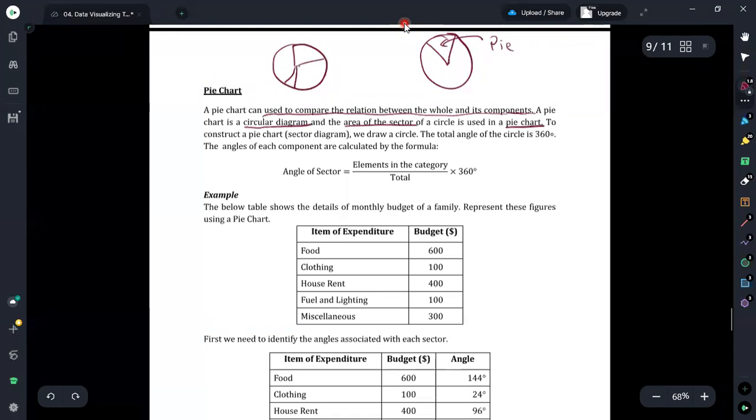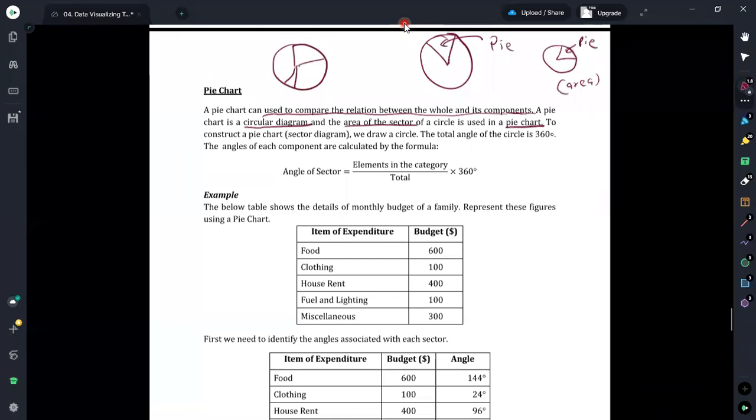If you are considering a circle, then we can consider these small parts named as pie, and here we are considering its area to denote the magnitude. Therefore, the magnitude of each category is proportionate to the area of the sector drawn or allocated for the given category.